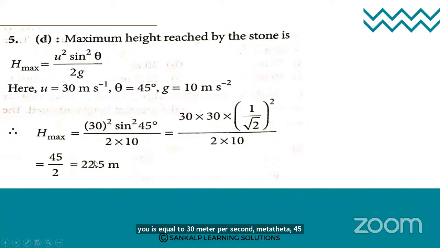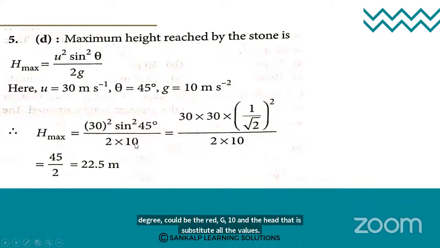Substitute all the values and you will get option D, students, that is 22.5 meter.